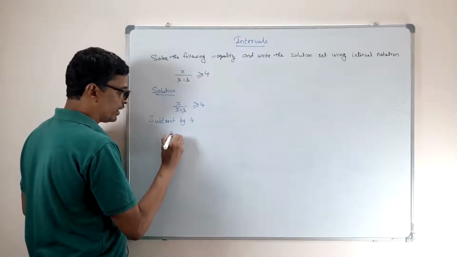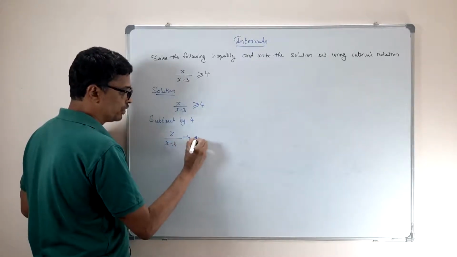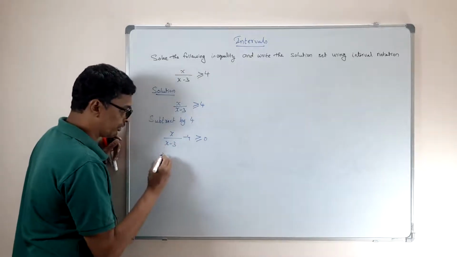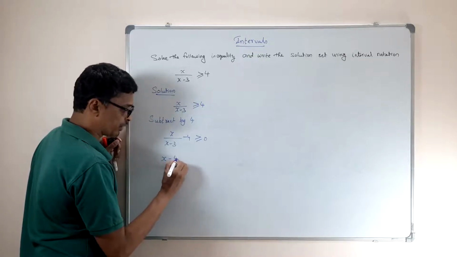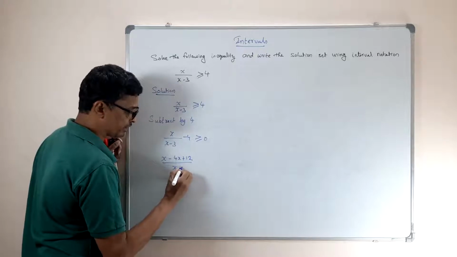That means x divided by x minus 3 minus 4 is greater than or equal to 0. So now tell me what it will be. Taking out x minus 4x plus 12 divided by x minus 3.